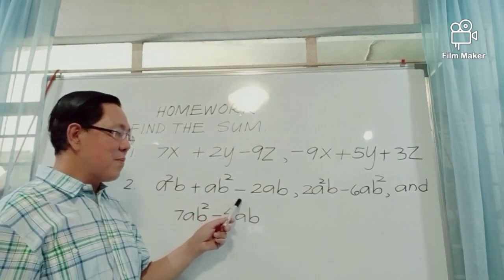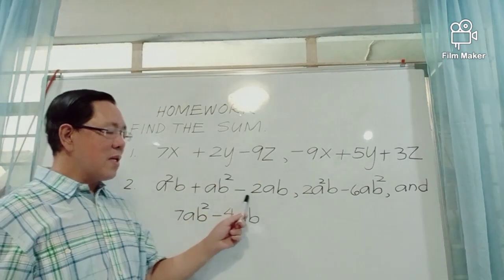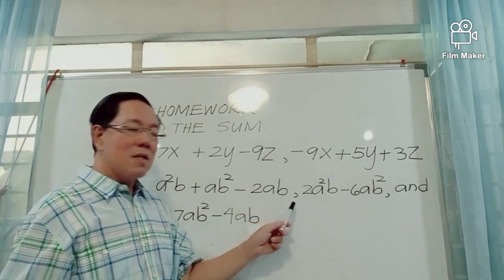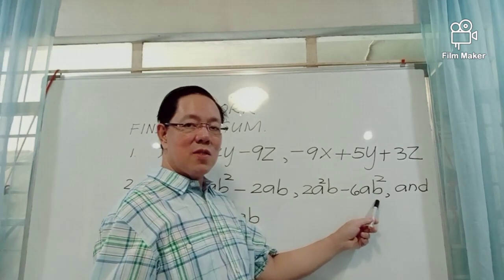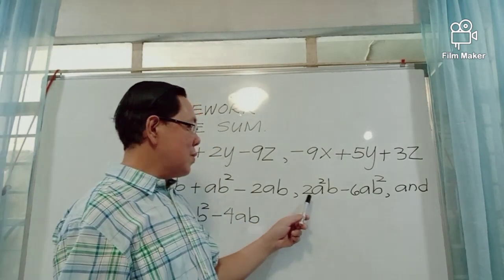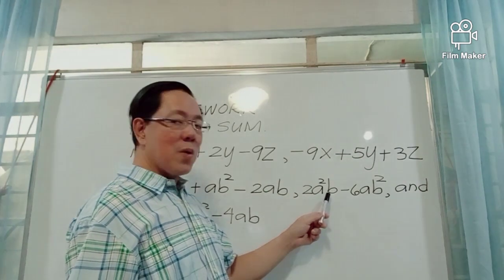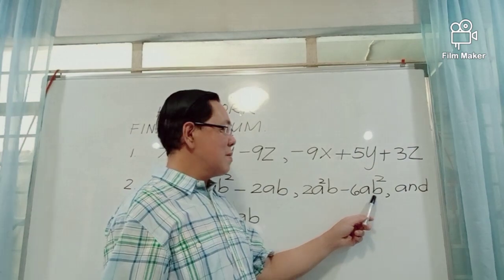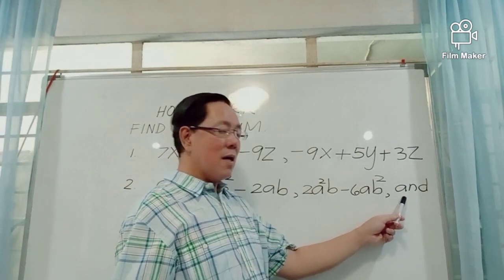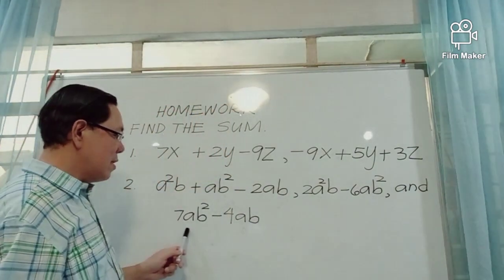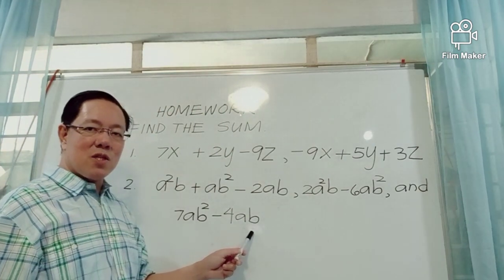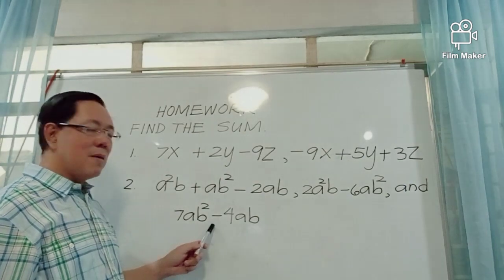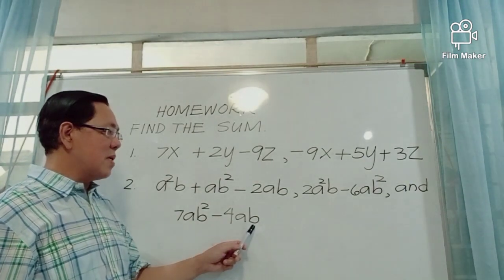And the last term of the first given algebraic expression is negative 2ab. The second given algebraic expression in number 2 is 2a squared b minus 6ab squared. And there is a third given algebraic expression. We have 7ab squared minus 4ab.